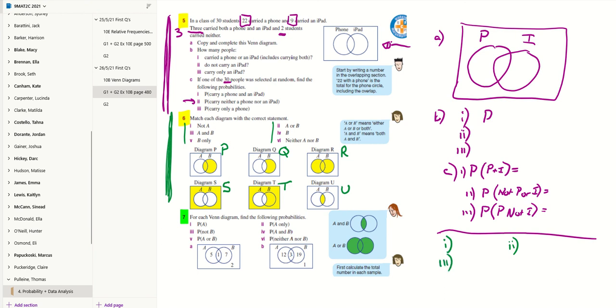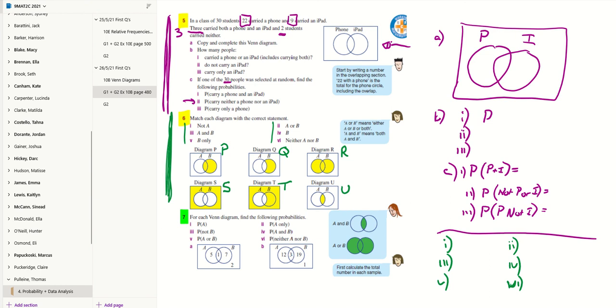Third one is A and B. So where is A and B? Fourth one is B. So it is B. That's the next one. 5 is B only, so only B. And our last one, if I can get my Roman numerals correct, is neither A nor B.